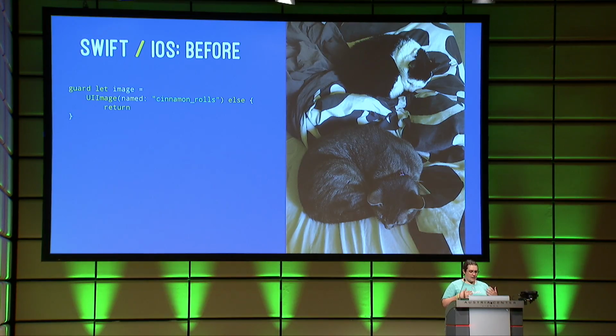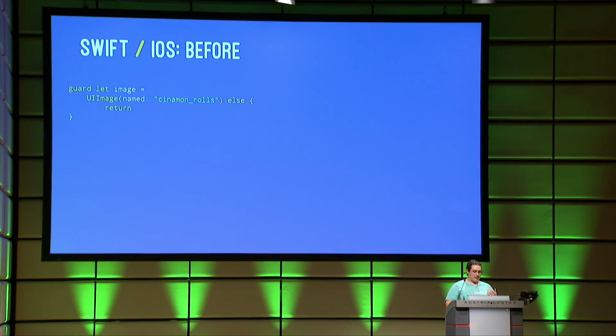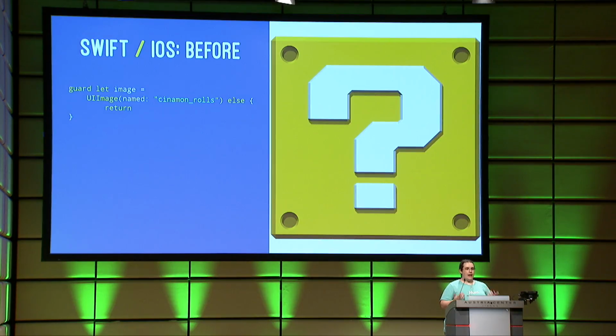The problem is that if you maybe misspell the string, or you spell it correctly but didn't spell it correctly when you actually named the asset, then you wind up not getting the image, and if you're not force unwrapping, you've got no image and you have no idea why.